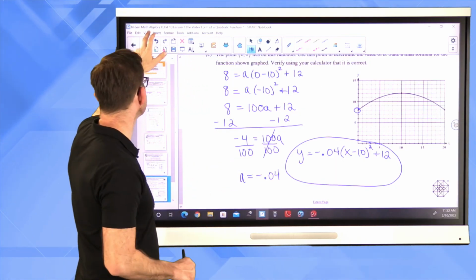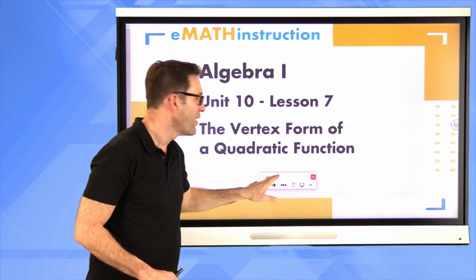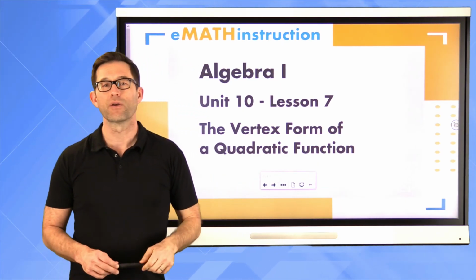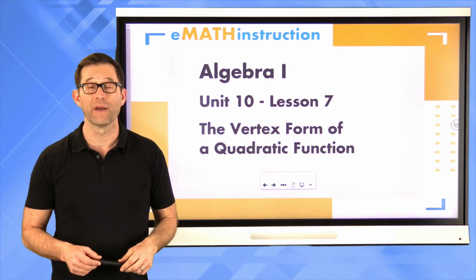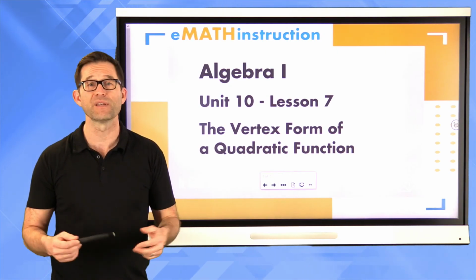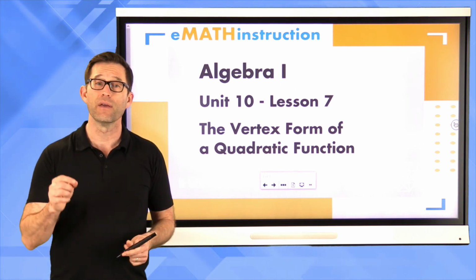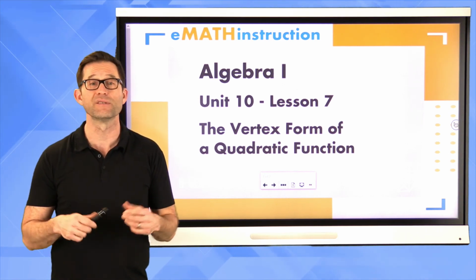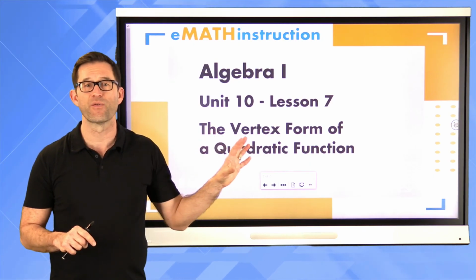All right, let's wrap this thing up. There are many different ways that we can write a parabola. The most common way is literally the standard form, the standard polynomial form, a times x squared plus b times x plus c. We also saw today that if you can write it in factored form, you can see the zeros quite well. But really, the thrust of today's lesson was the vertex form of a parabola.